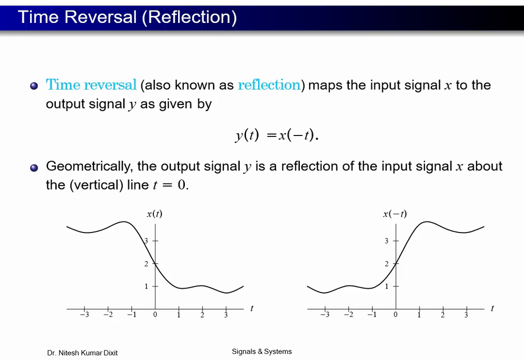At the origin the signal is reversed. Any signal value on the positive side has to be shifted to the left-hand side, and the left-hand side signal has to be shifted to the right-hand side. So the signal automatically changes between the positive and negative parts, reflected with respect to the axis.